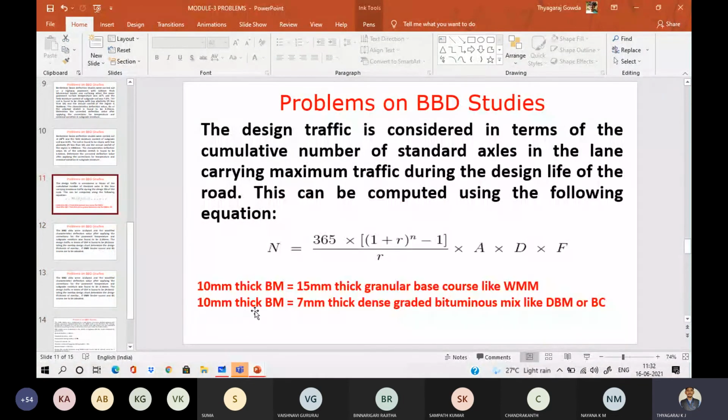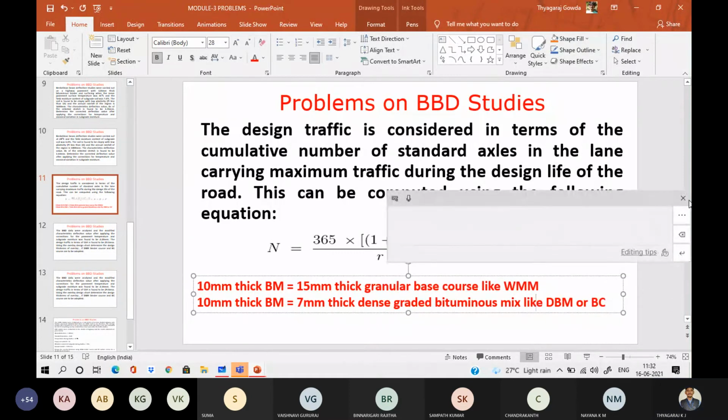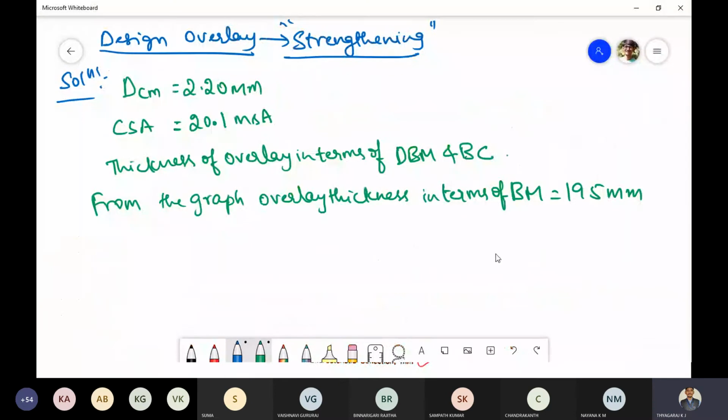Now you observe here, 10 mm thick BM is equal to 7 mm thick dense graded bituminous mixes like DBM or BC. Is it clear? Are you getting my point? So here we have got 195 mm, right?